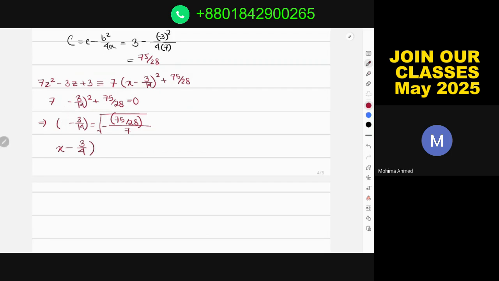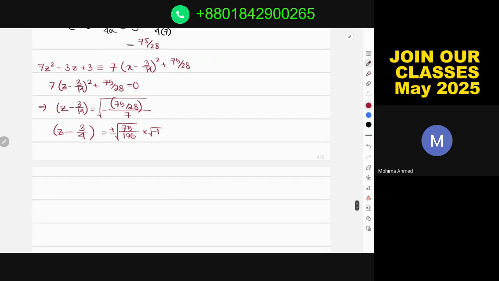This was all the time z. I was writing x. Okay, now over here, if you simplify, this is 75 over 196. I can break this down as 75 over 196 multiplied by minus 1 under the root. And then what do we get? If you do the root calculation for 75 over 196, you get 5 root 3 over 14.